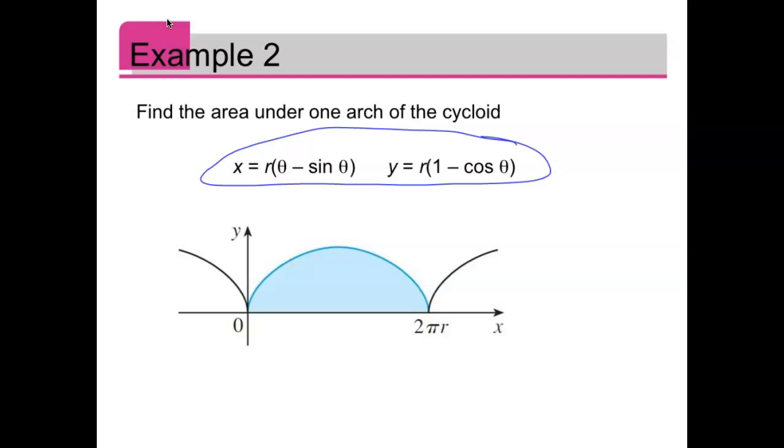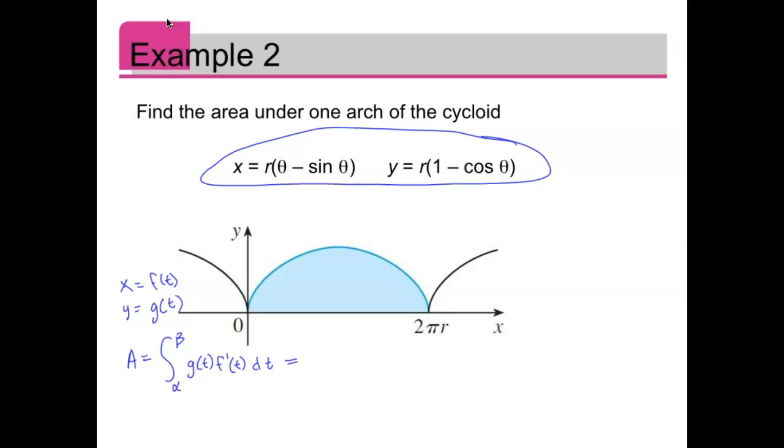Okay, so we will just start with our area formula, which is the integral from alpha to beta of g of t times f prime of t dt. Remember that x equals f of t, y equals g of t.